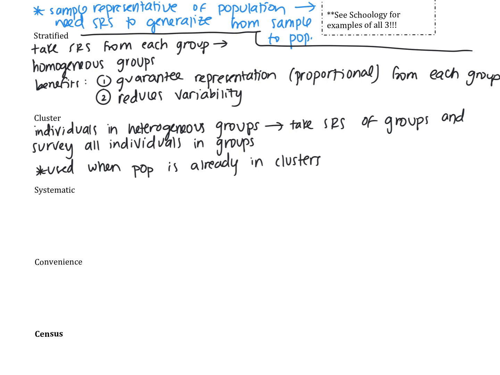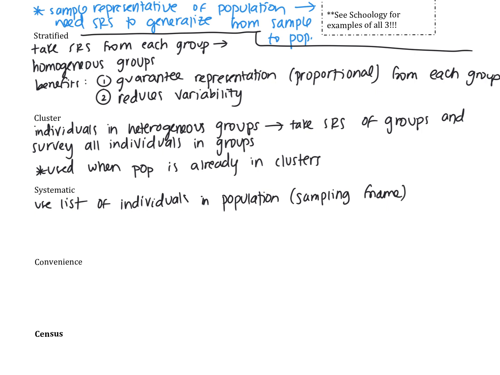Okay, next one is systematic. Systematic is you use a list of individuals in the population. Anybody remember the term for that? The stats term? It's 2 words. Initials SF. Sampling frame, thank you. So it's called a sampling frame.